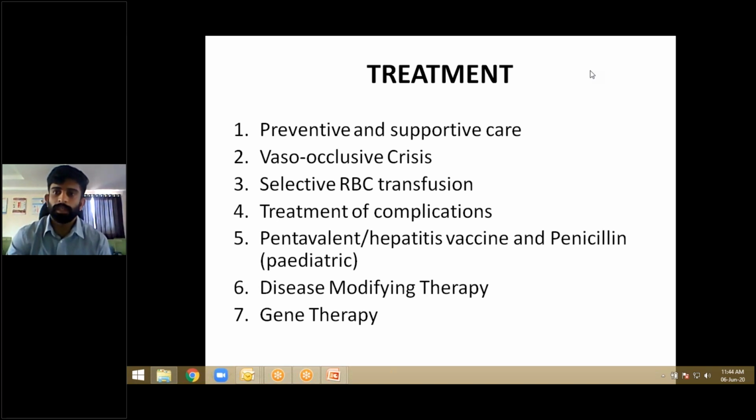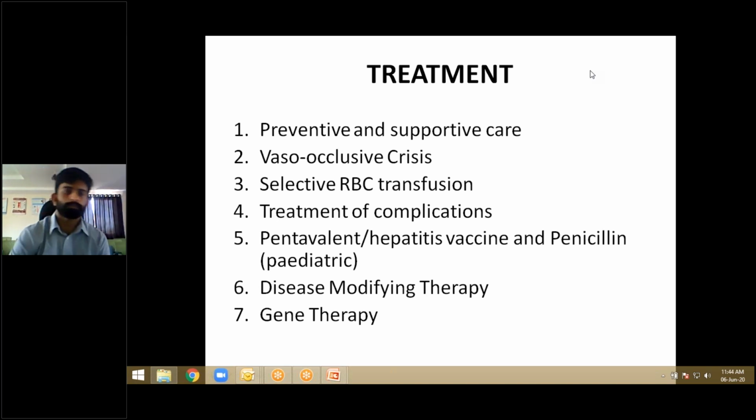But obviously the indications of blood transfusion in those cases are if there is a concurrent heart failure or severe anemia that can cause hypotension or other conditions where you might require blood transfusion, or something like a perioperative surgery evaluation. So even in sickle cell anemia, there are certain indications for RBC transfusion. Not every single patient requires RBC transfusion.